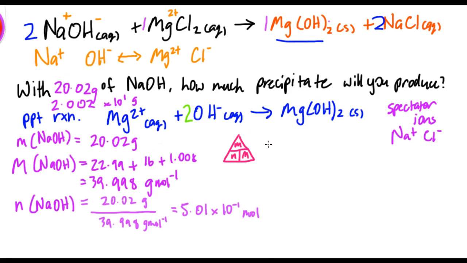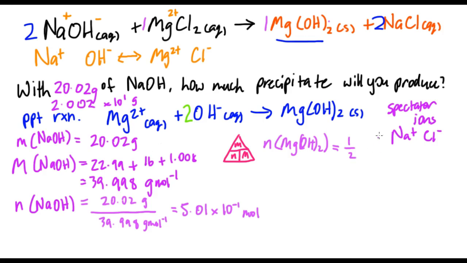So, let's figure out how much magnesium hydroxide we have, and compare that with what we do know. We know for every 2 moles of sodium hydroxide, we produce 1. So the number 1 is half of the number 2, right?